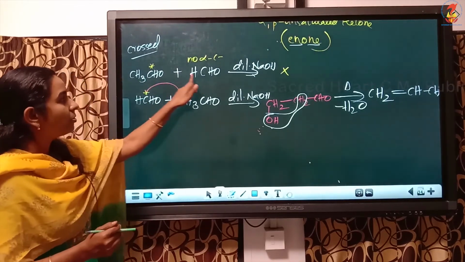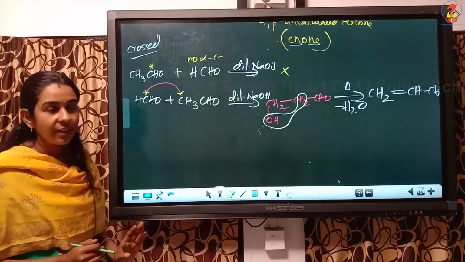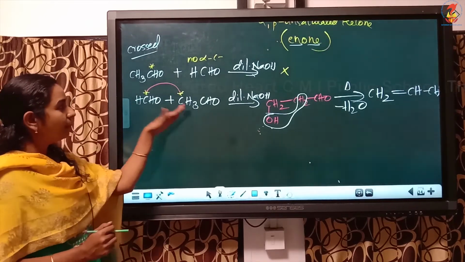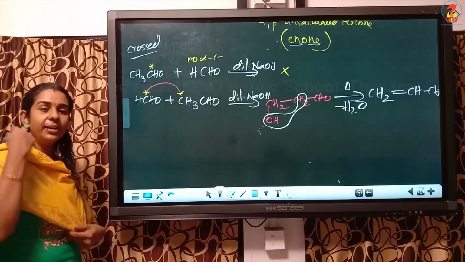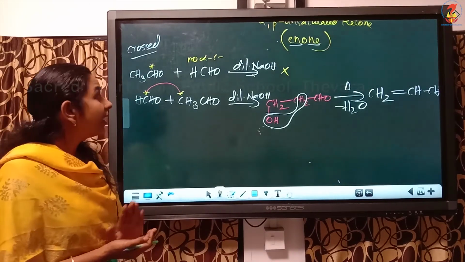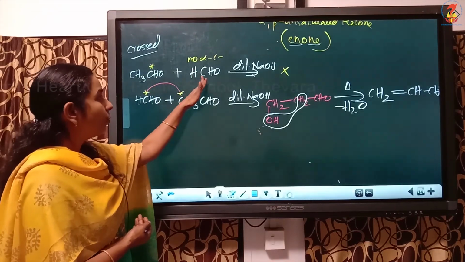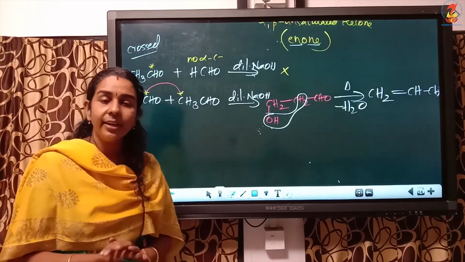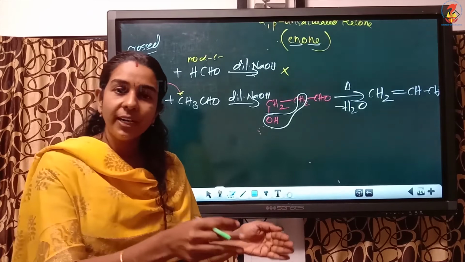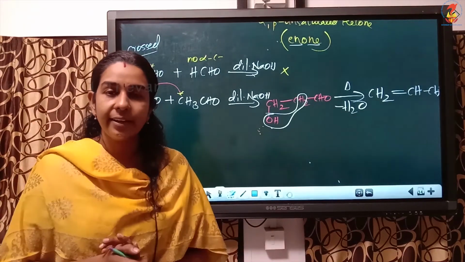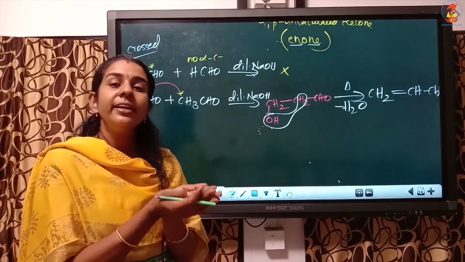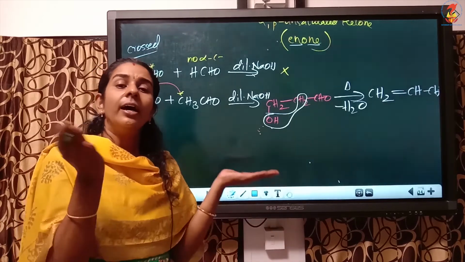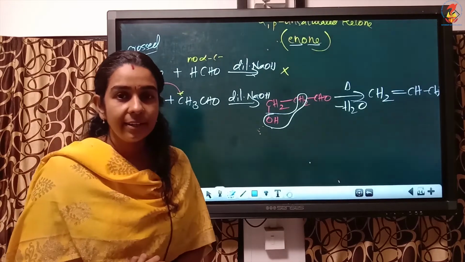So first possibility we checked, no reaction. Second possibility, by writing just the opposite, yes, there is reaction. Third possibility, remember, when we react formaldehyde with acetaldehyde, we are not simply taking one acetaldehyde and one formaldehyde, isn't it? We are taking a sample of acetaldehyde and it is made to react with a sample of formaldehyde, isn't it?